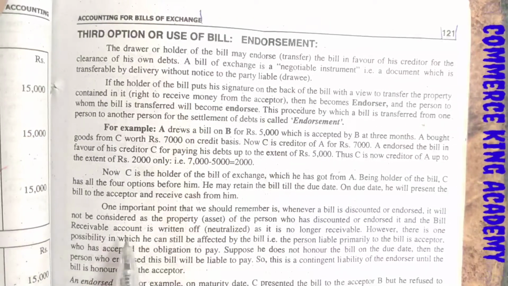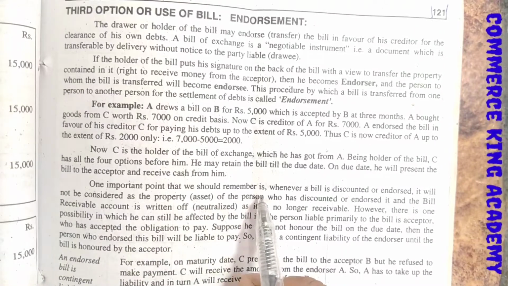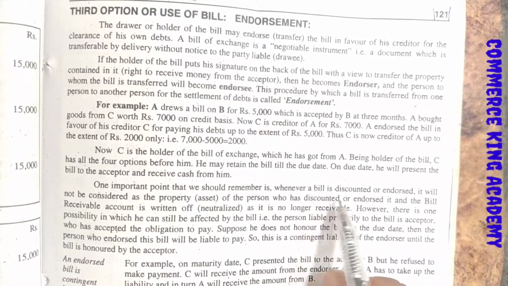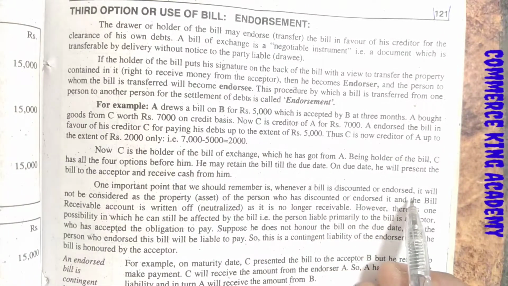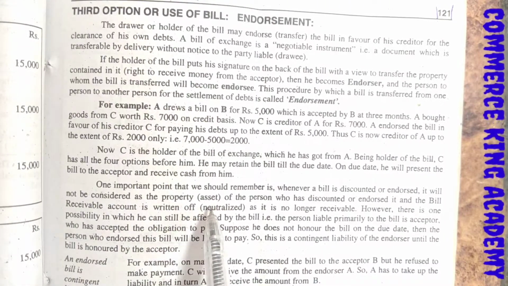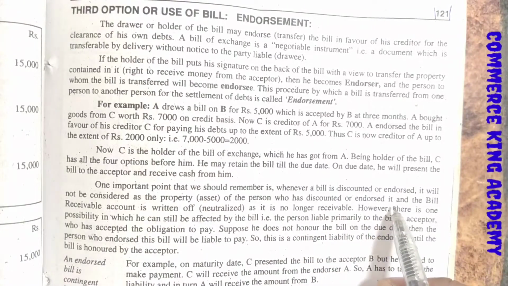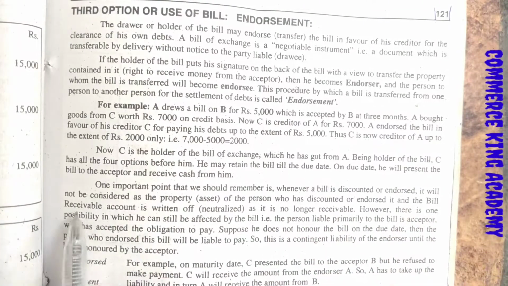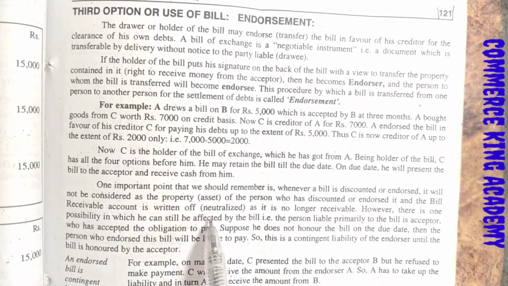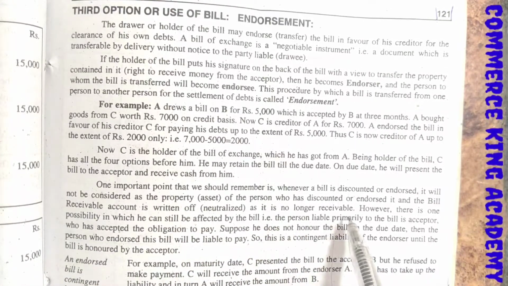So what happens next? One important point that we should remember is whenever a bill is discounted or endorsed, it will not be considered the property or asset of the person who has discounted or endorsed it, and the bills receivable account is written off, neutralized, as it is no longer receivable.